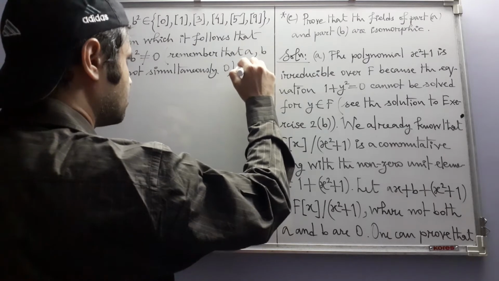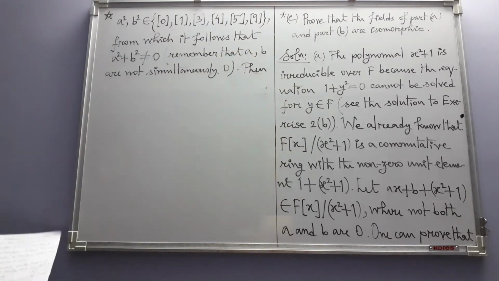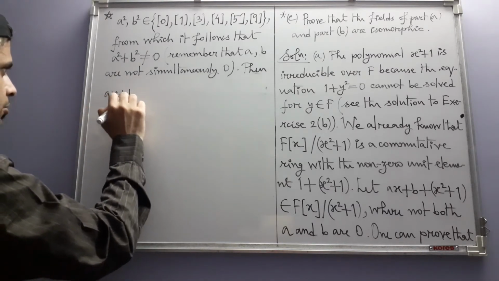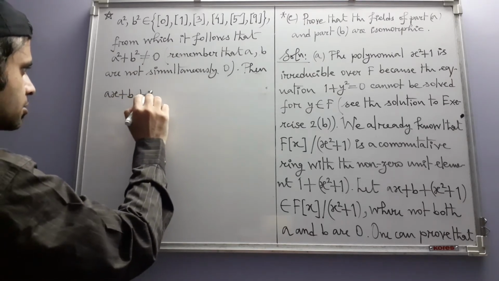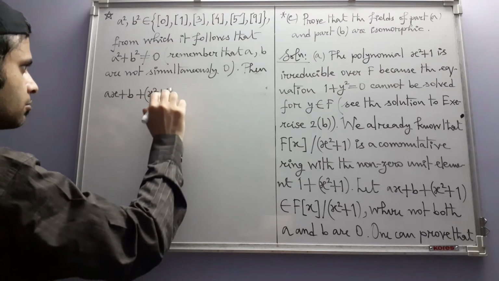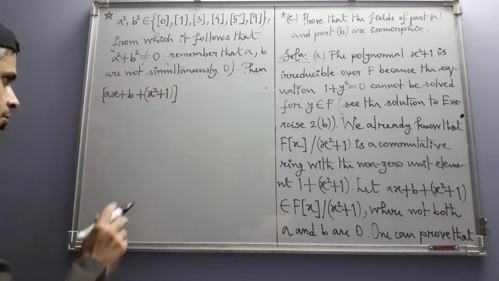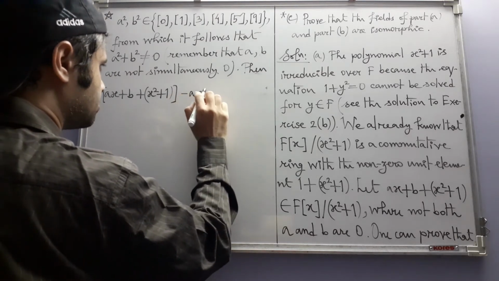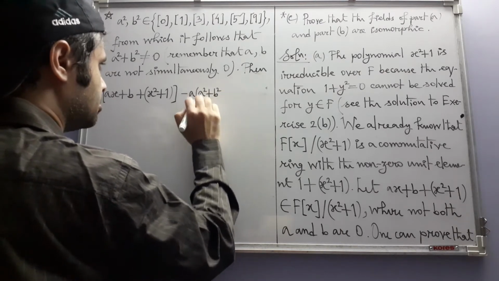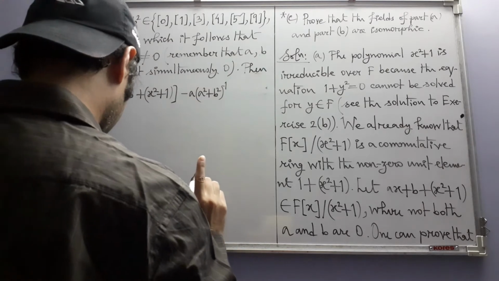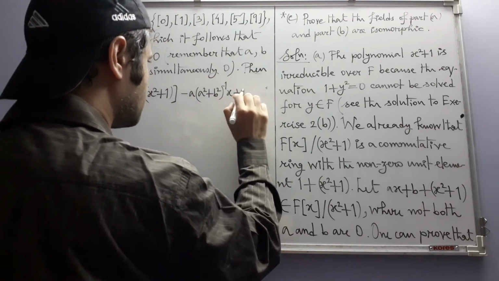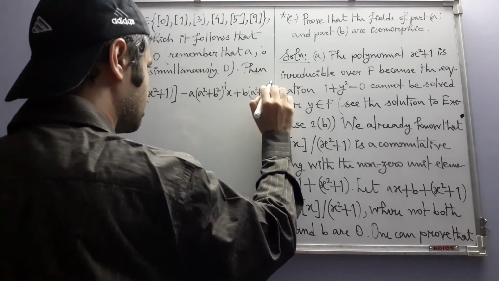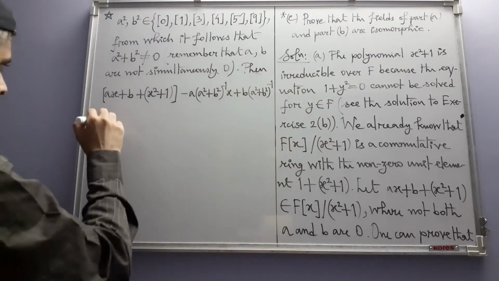Then this fact comes out. If we multiply this coset, our original coset, and this coset, minus a times a square plus b square inverse, x plus b times a square plus b square inverse, plus x square plus 1.